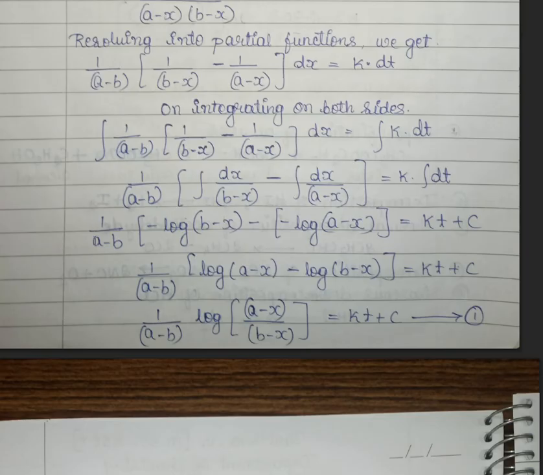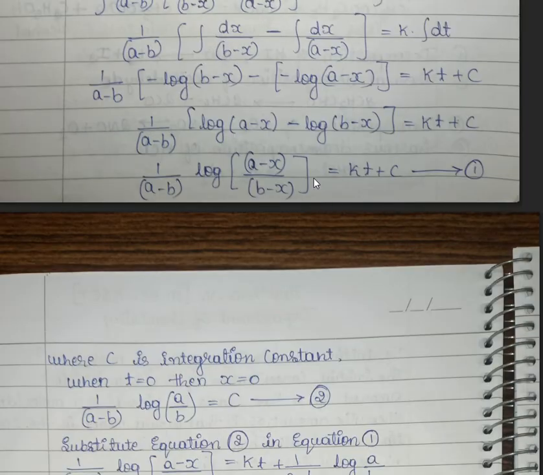Hence we get 1 by a minus b into minus log b minus x minus minus log a minus x. We apply the logarithm rule, log a minus log b is equal to log a by b. Then we get the integration constant c, and we call this equation number 1.